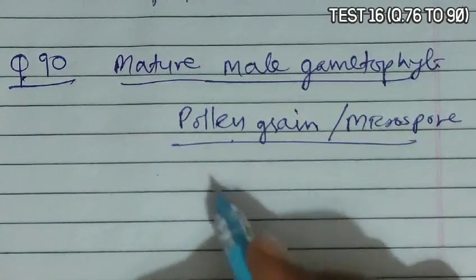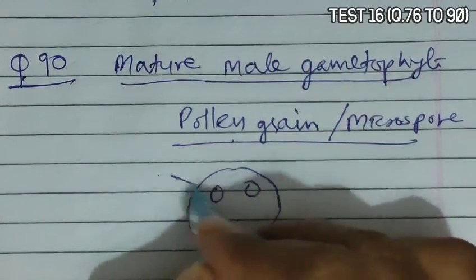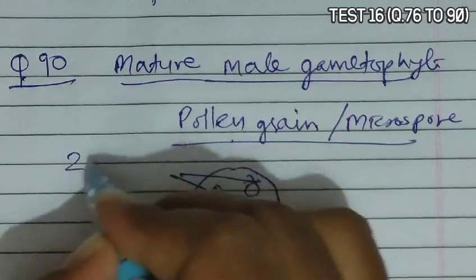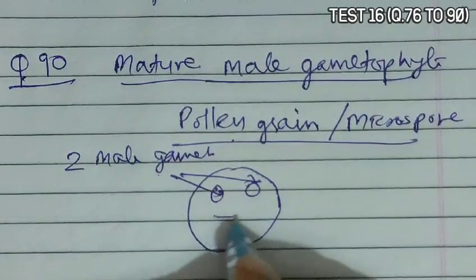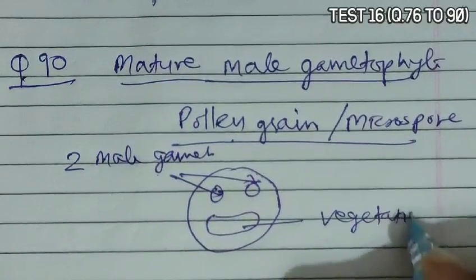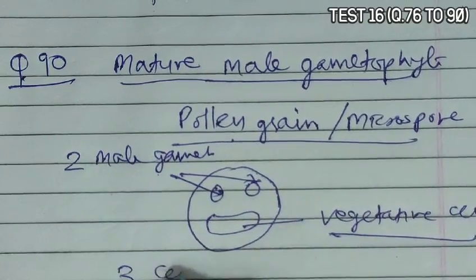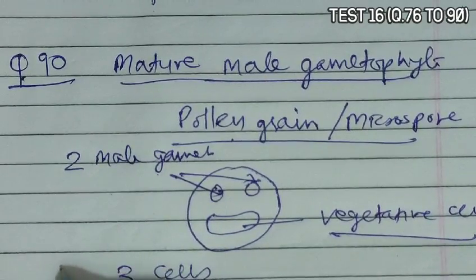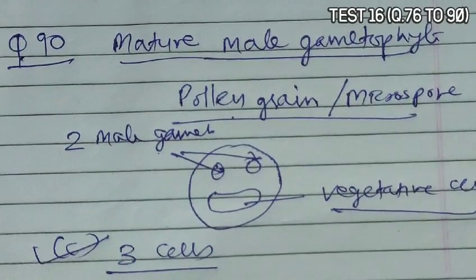This mature male gametophyte or pollen grain has two male gametes and one vegetative cell, meaning it has a total of 3 cells. So option C is the correct answer for question 90.